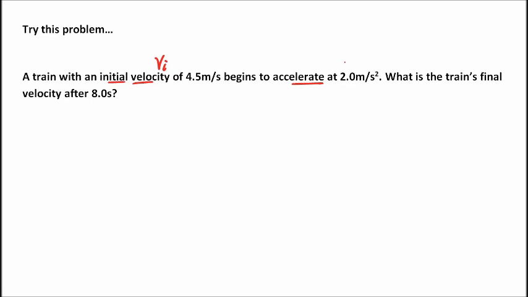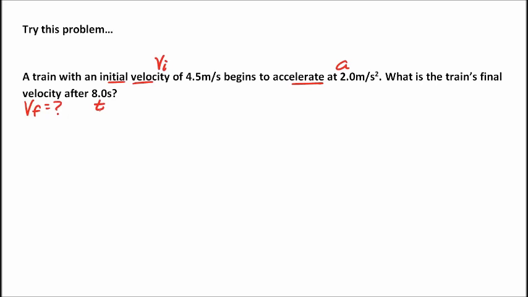And so we're going to label that acceleration A. It says what is the train's final velocity? So we're looking for the final velocity, or V sub F. I'll put a question mark after that just so we know that that's what we're looking for. And we're also given a time T, 8.0 seconds.